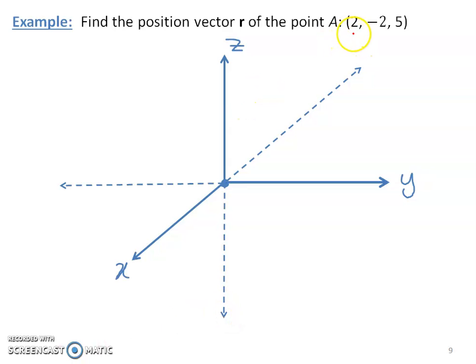So let us find this point, which is (2, -2, 5). 2 is from the x-axis, this is from the y-axis, and this is from the z-axis. 2 from positive x, this is 1, this is 2 here. Then minus 2 from y, this is positive y, minus 2 from y will be here. We have to make those meet together.